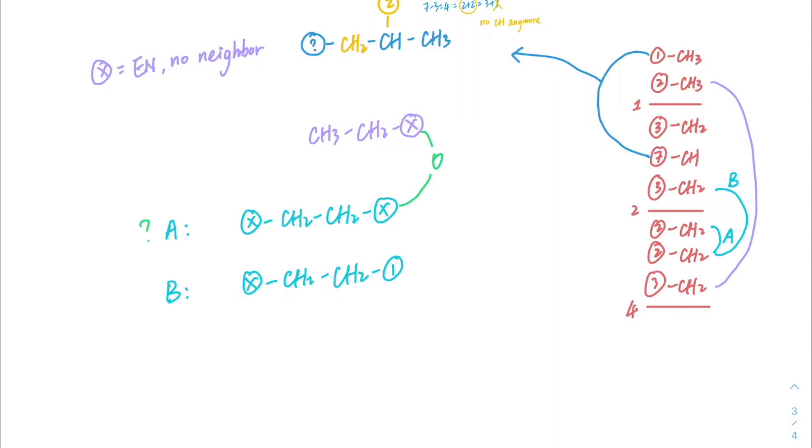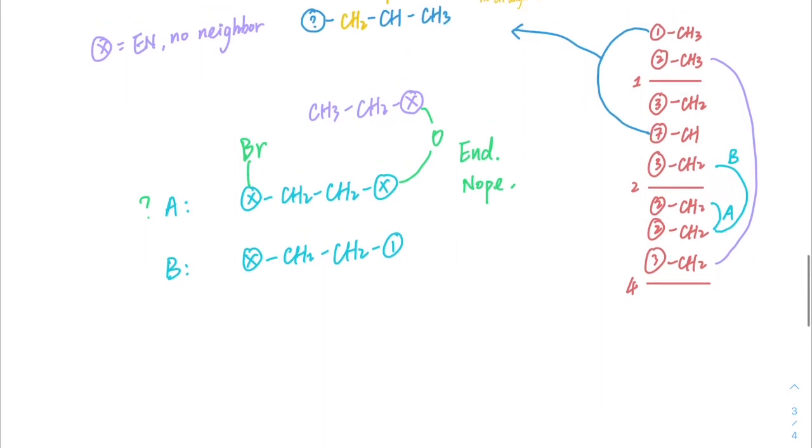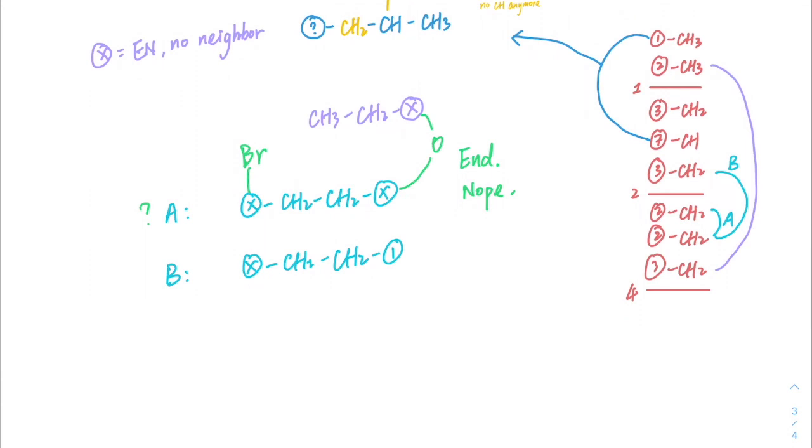Let's try the first one and see how things go. If I link with possibility A, then this compound ends here because we cannot link our first group together with this one, right? So it's not possibility A.